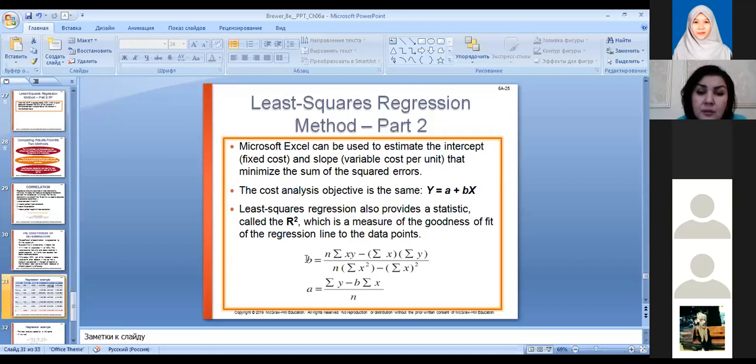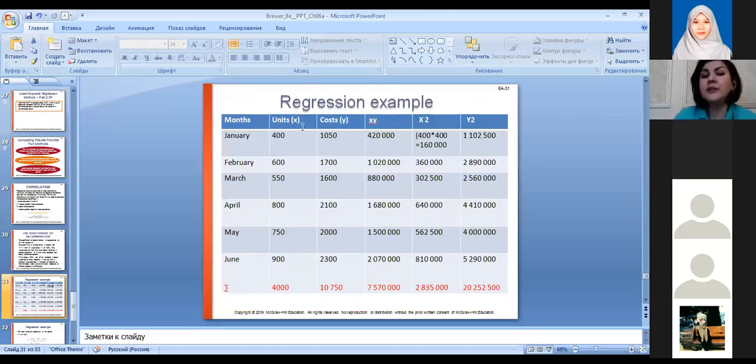Okay, let's use this example. So units, number of units, we designate them as X. So this is X, number of units. Costs associated with these units, we designate as Y. So you see, Y is the dependent variable, X is the independent variable.